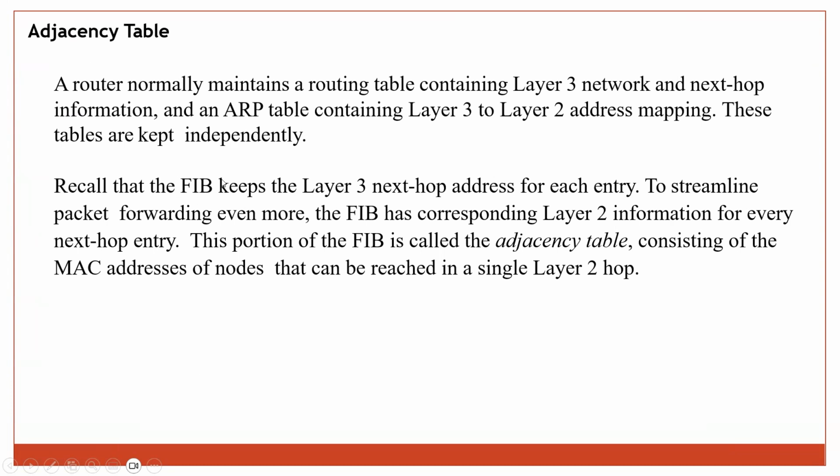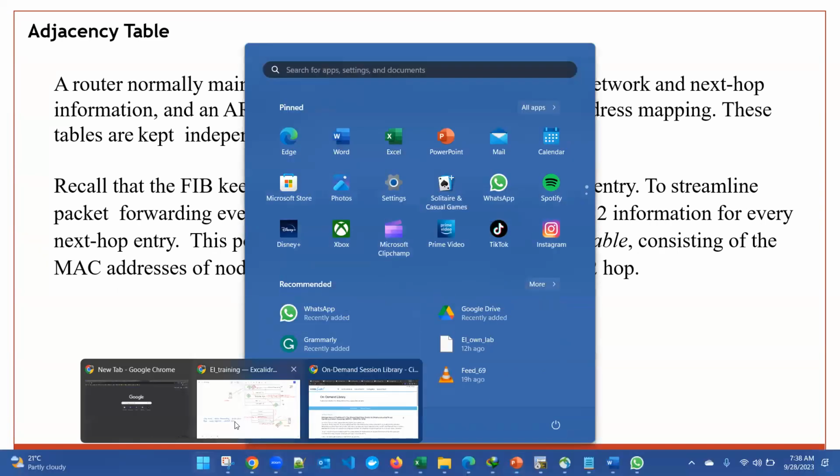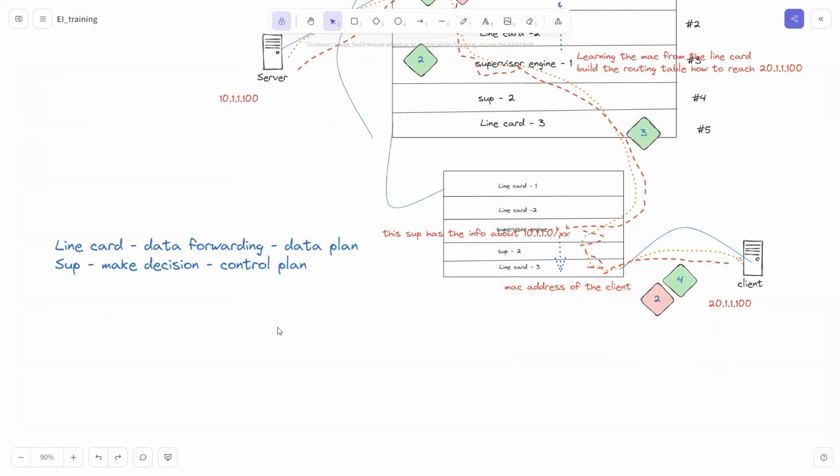And then you have the FIB table, that you have the best next hop match, right? Now the portion of FIB is called adjacency table containing the MAC address of the nodes that you want to reach. So from here, I will go and explain you all the tables, so you will always understand.